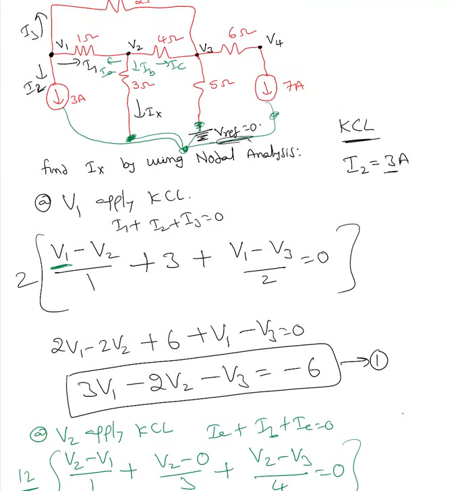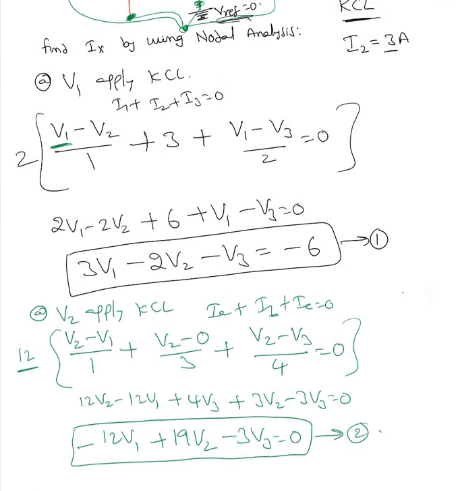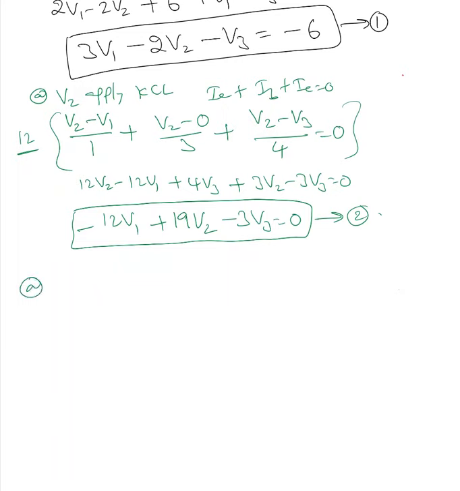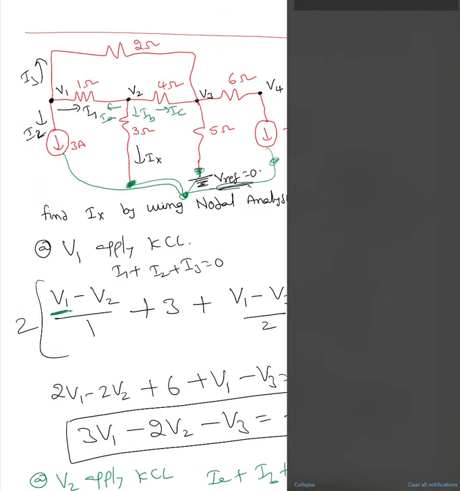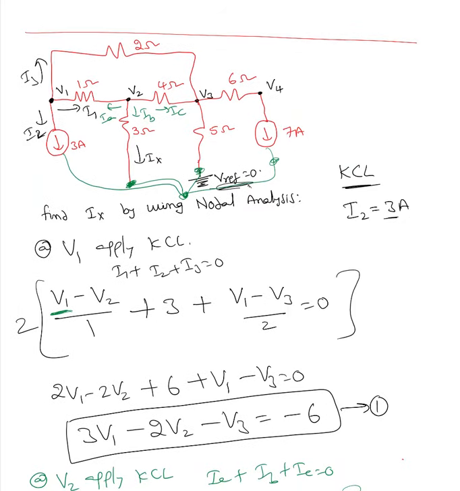Now the third equation: at V3 apply KCL. My C looks like L, so don't get confused. How many branches are there at V3? There are 4 branches. I'm going to take each branch as, let me use a different color, blue. Here is every current.